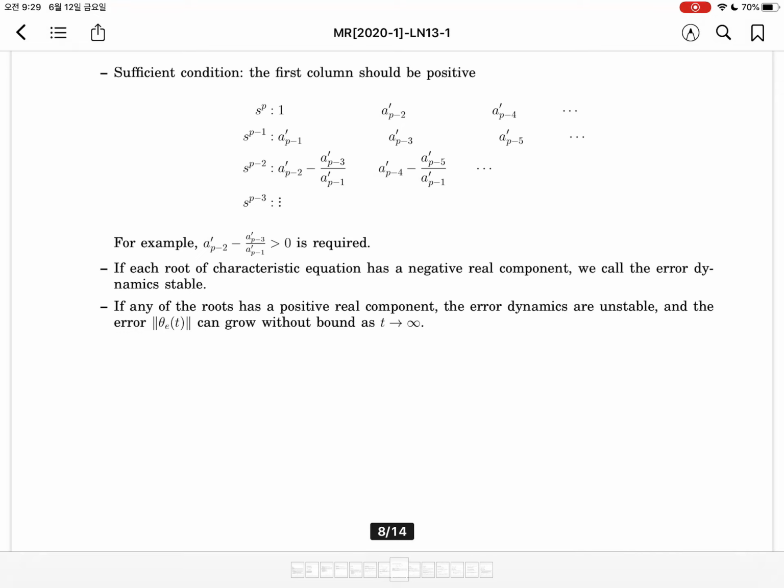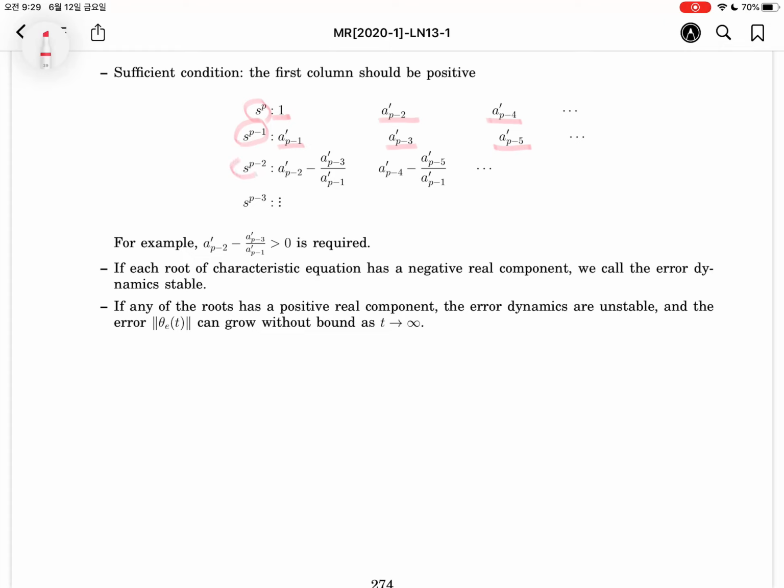Maybe you are good at this concept. Anyway, the s to the p order row is given by the highest order coefficient, skipping one, then the p minus 2 order coefficient, and so on. Then the p minus 1 order row has the next highest coefficient, then jumping to p minus 3, p minus 5.